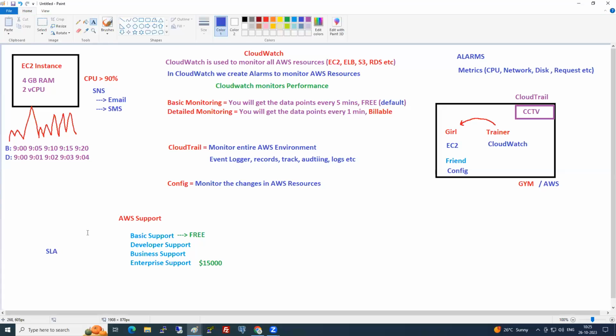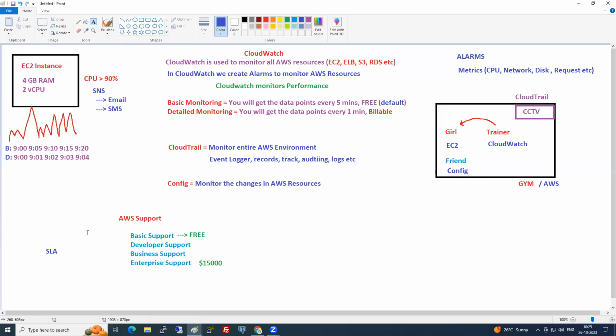What is SLA? Service level agreement. If you have basic support, which is free, let's say you created a ticket with AWS saying, this is the problem I have. Will you get an immediate reply? You don't get it because it is basic support. It will take 1 day or 2 days to get a reply.